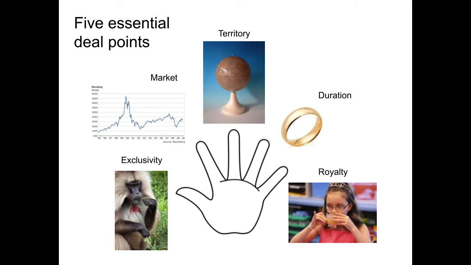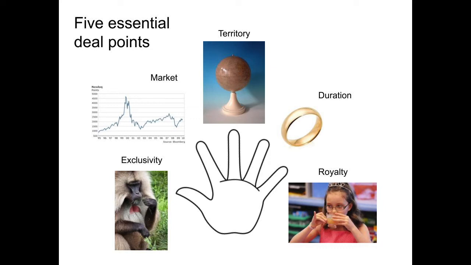These were 5 questions to ask in order to get the very basic elements of the deal down in my mind so that I could then help them structure the deal. So we're going to go through all of them now.